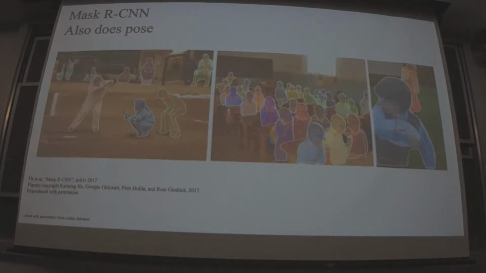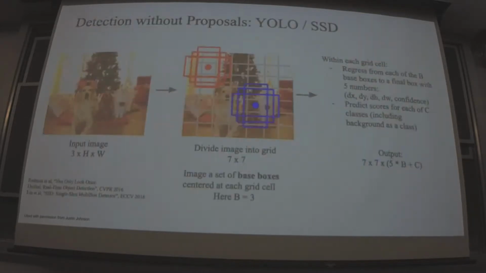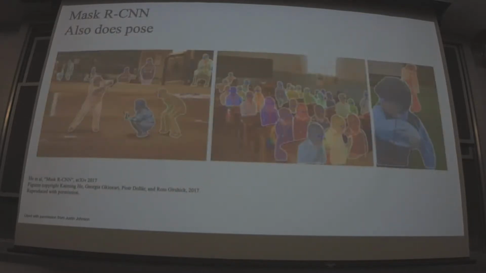Again, you need the labeled data to do this. You can see how this would work: you're saying which pixels within that mask correspond to which joints, for estimating the pose of usually people, but you can estimate the pose of various things as long as you have the labeled data.